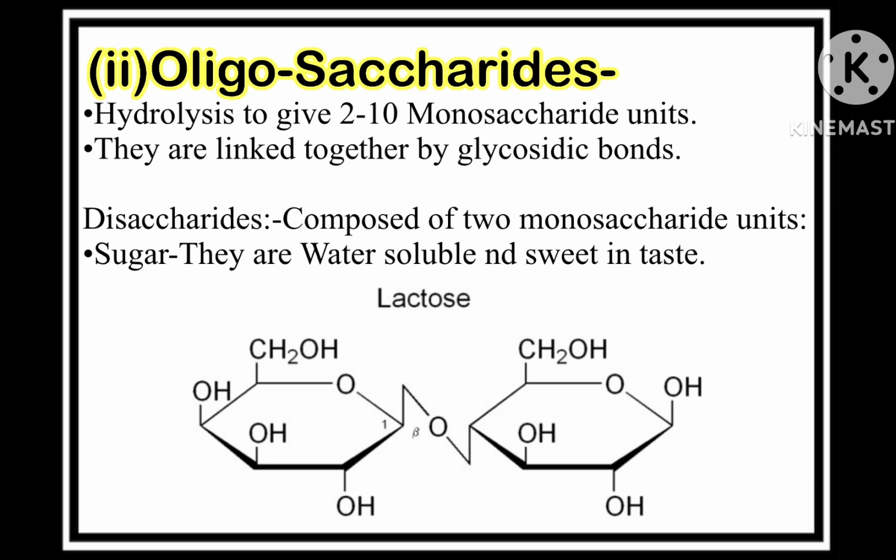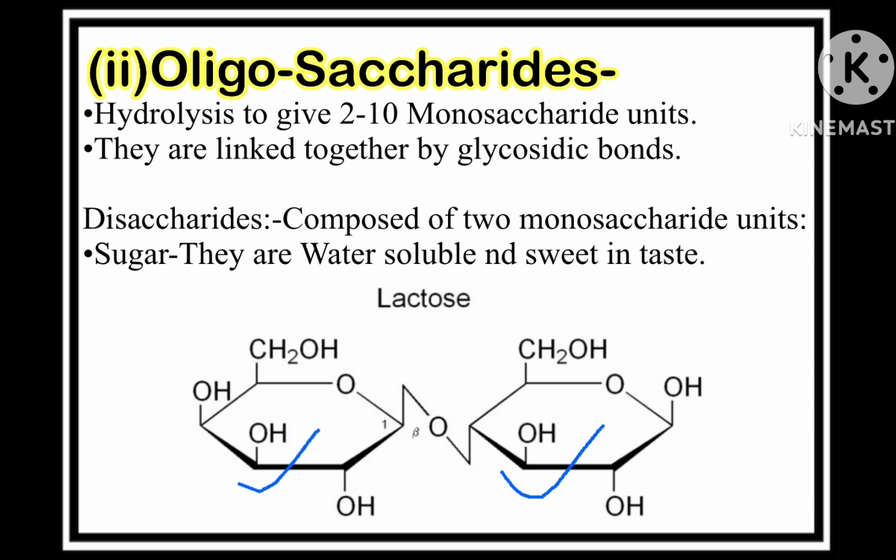Glycosidic linkage always takes place between the ring structures of monosaccharides. Here you can see on the screen, I have an example for you of lactose. The monosaccharides are galactose, the first one, and glucose, the other.